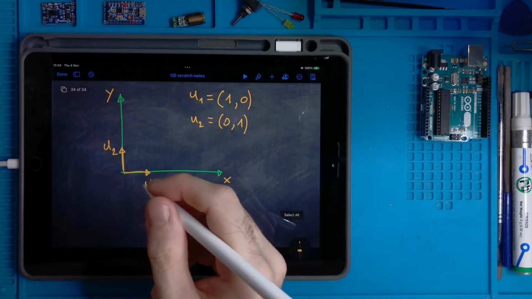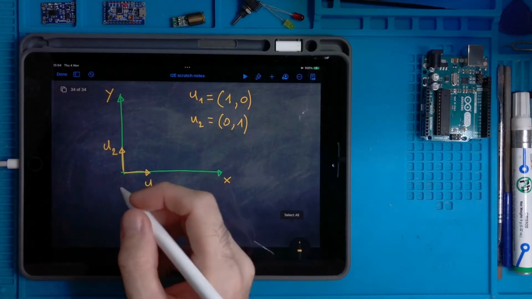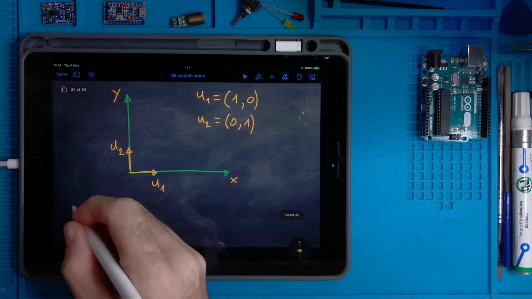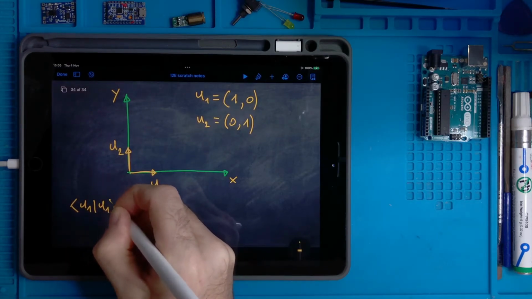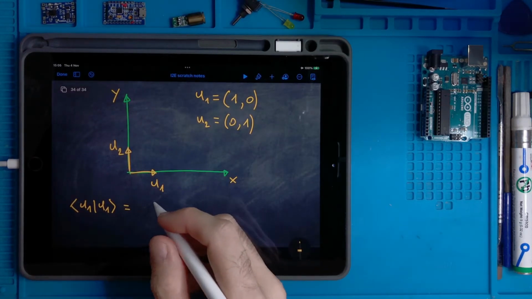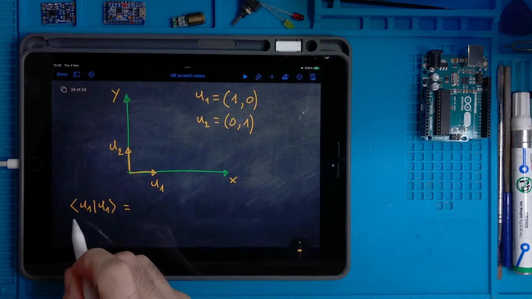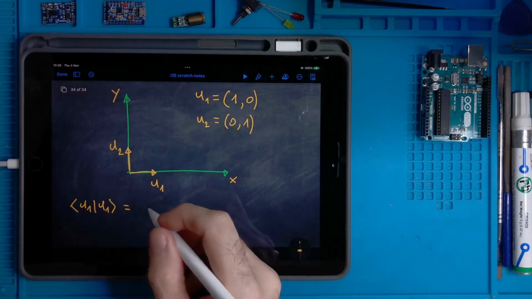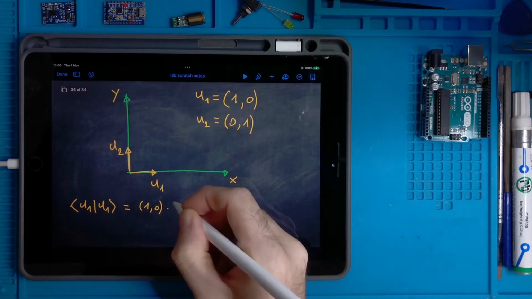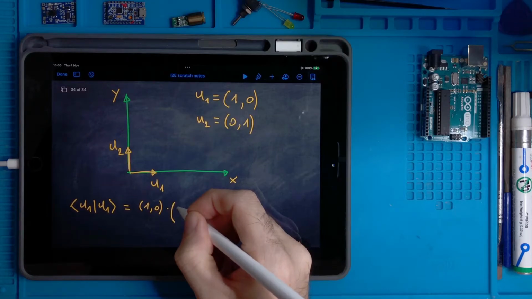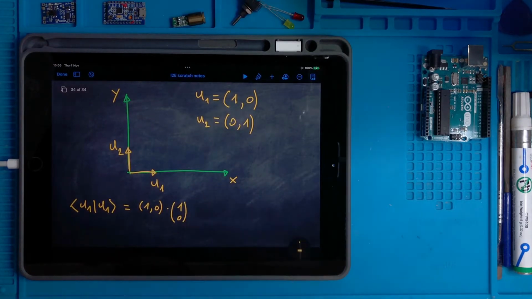So first of all, let's verify this just as an exercise. Let's calculate the length of u1. We take the row version of the vector u1 and multiply by the column version of it.